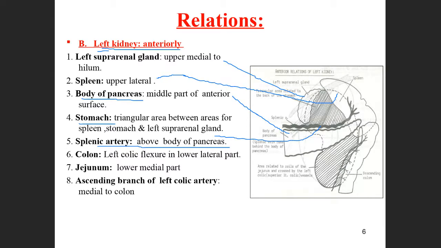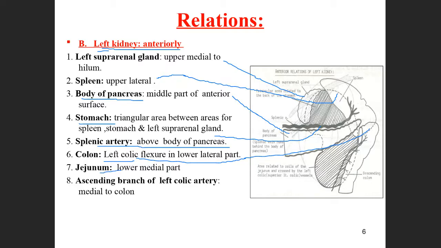Which part of the colon? See, it is easy. On the right side, right colic flexure. On the left side, the left kidney is related to the left colic flexure. Okay. Next, on the right side, the ileum. On the left side, it is jejunum.